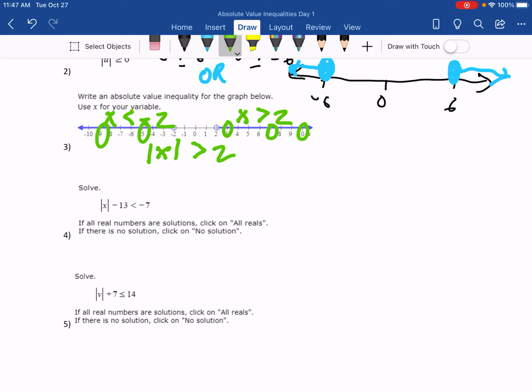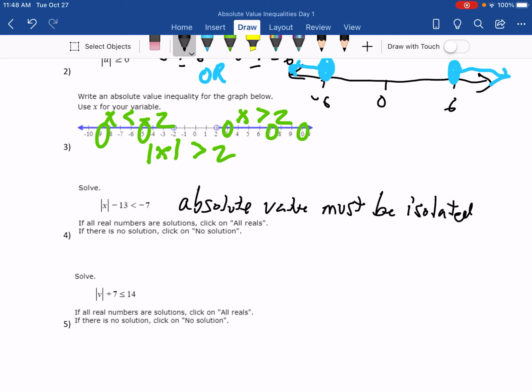All right, numbers 4 and 5 are just like the other ones, but the absolute value is not isolated. The absolute value must be isolated. So to do that, of course we'll add 13 to each side. That gives us absolute value of x less than 6.